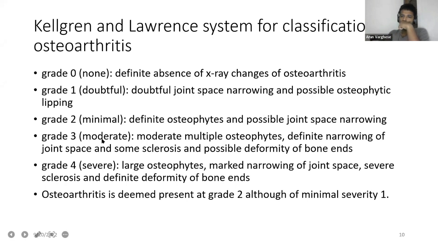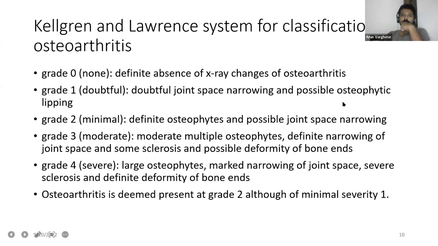In the second one, you are seeing a possible narrowing, and the third one is definite. The moderate is definite joint space narrowing, and in the last one, there is marked narrowing, like we have seen earlier. The joint space is completely lost. Then osteophytes, or we call it lipping, because it looks like a projection in the joint space in the articular area.